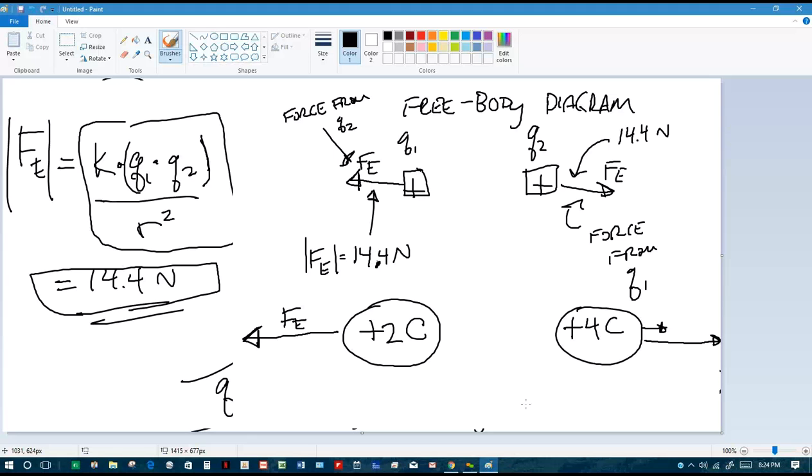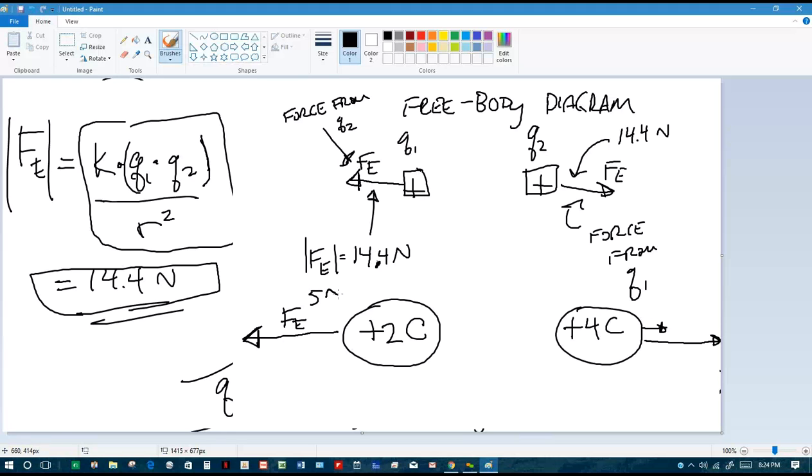Or is that only when they have the exact same charge? When they have the exact same charge. Newton's third law. What does Newton's third law say? No matter what. Yep. No matter what. So you see that idea?